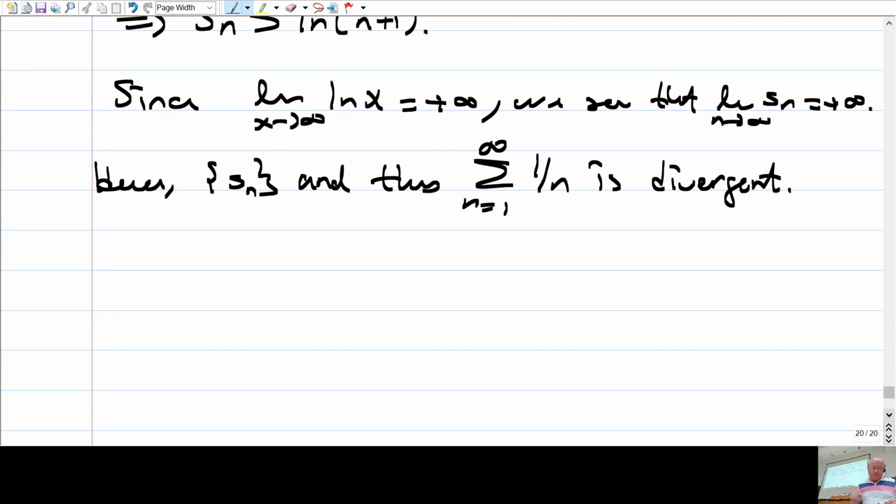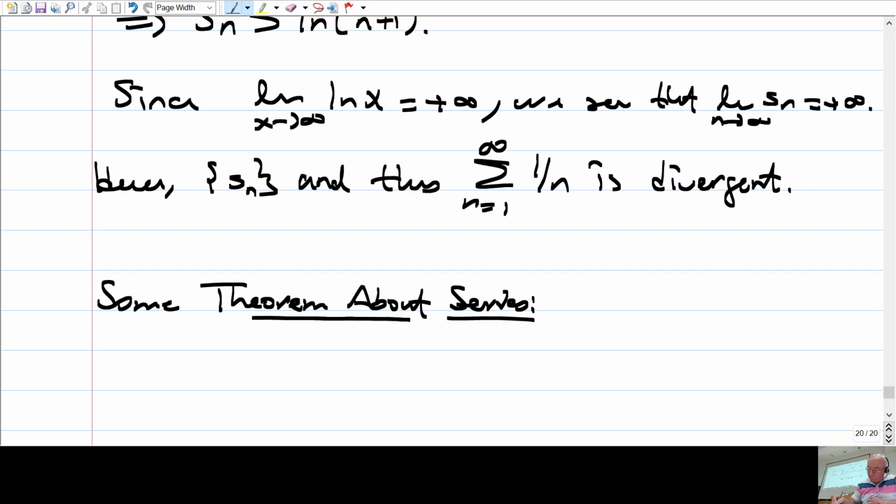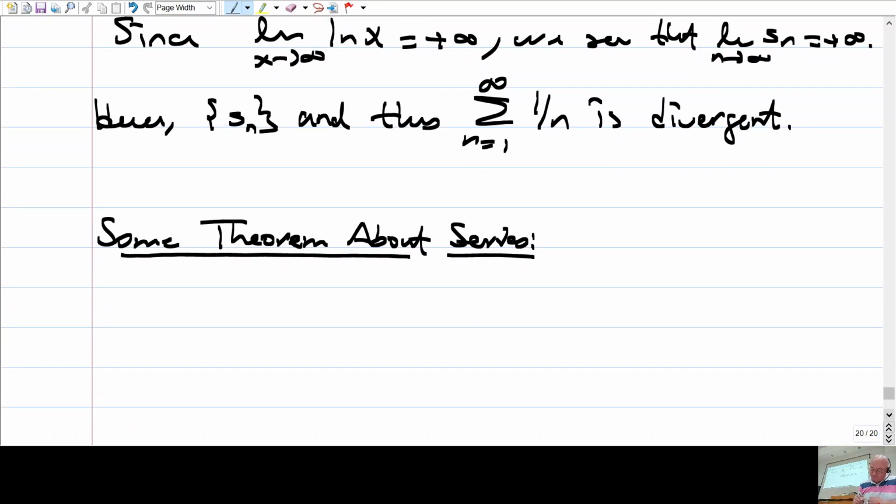Okay. Now, some theorems about series. We will use these theorems to determine whether a given series is convergent or not, and find its value if possible.